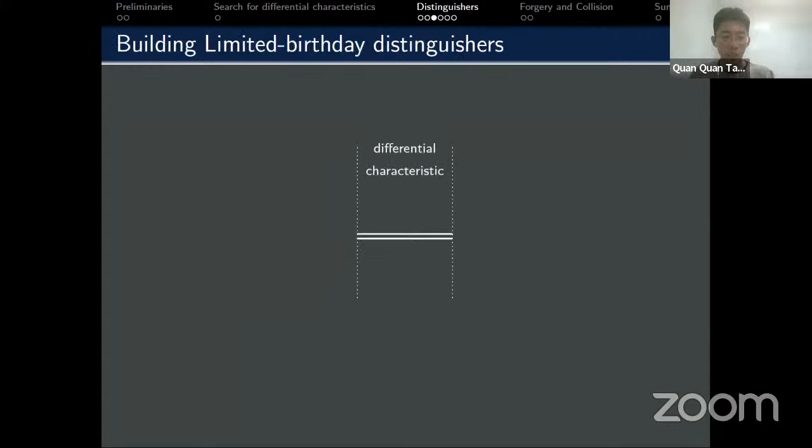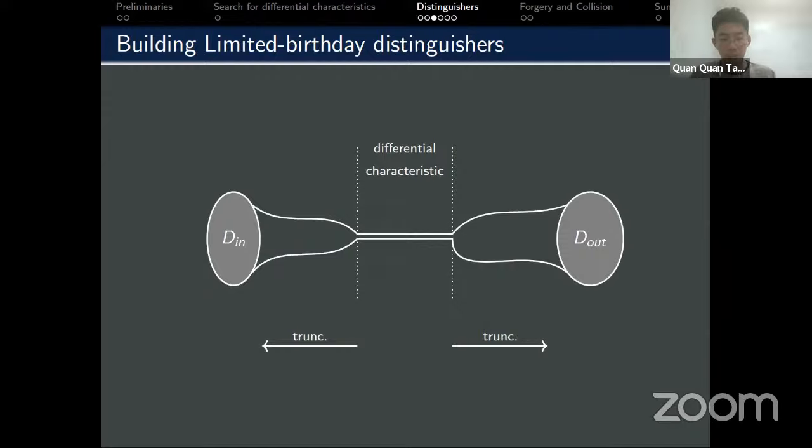For the unkeyed permutation, this is how we build the limited birthday distinguisher. We start off with a differential characteristic, and then we propagate it backwards and forwards with probability 1. This will give us two sets, d_in and d_out, for the input and the output. In some cases, once we propagate, the number of differences in d_in and d_out are rather huge.